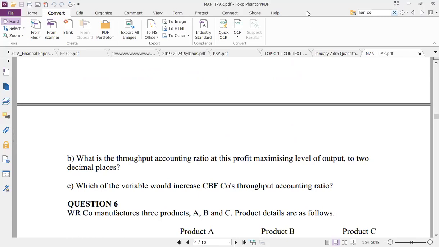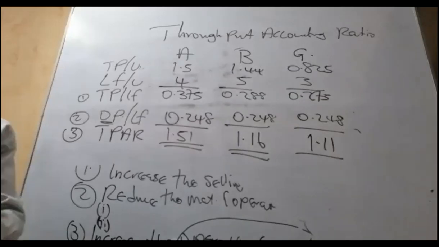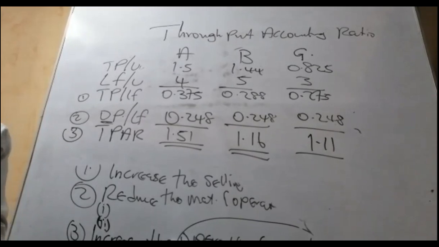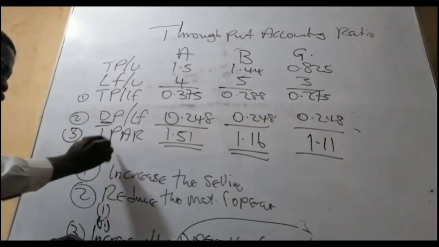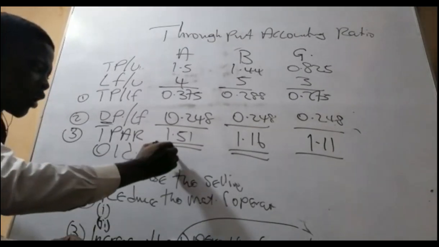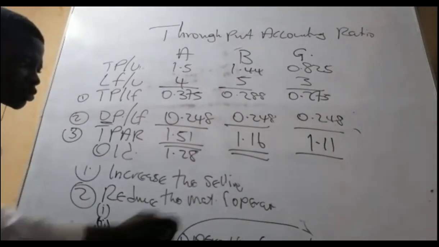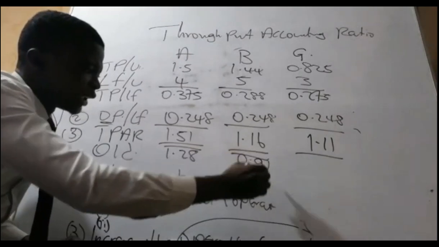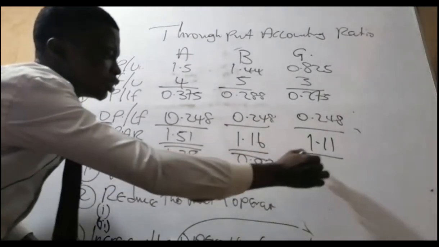Now let's go back to the old solution. If you have the previous solution that we did, give me the old throughput accounting ratio. 1.28, 0.91, 0.92. Good.